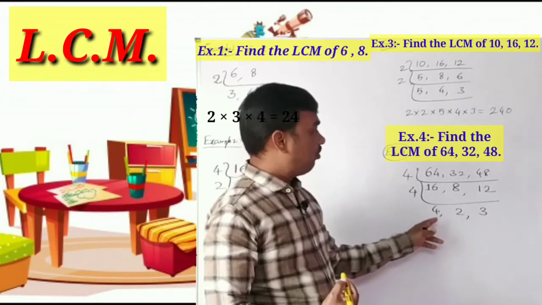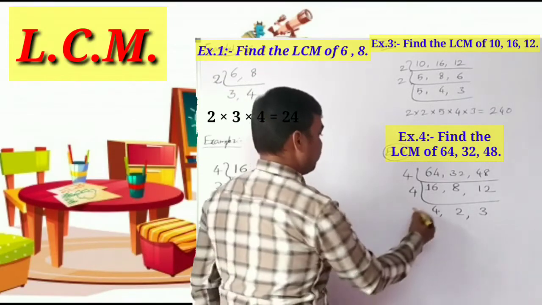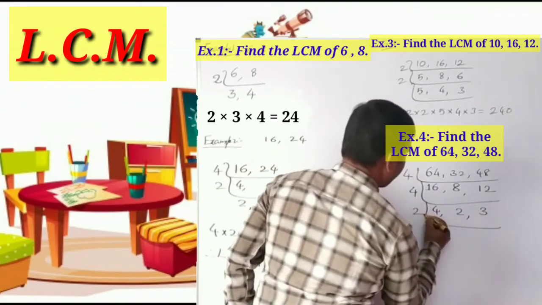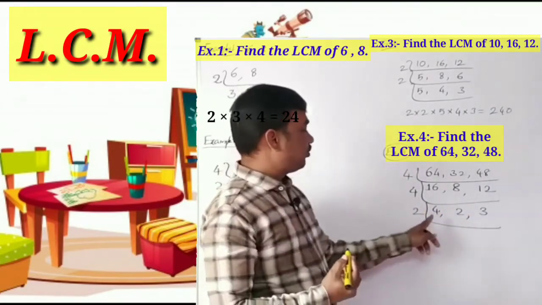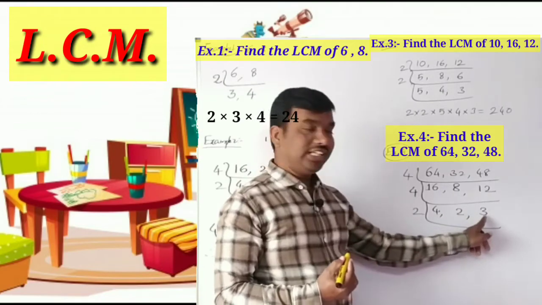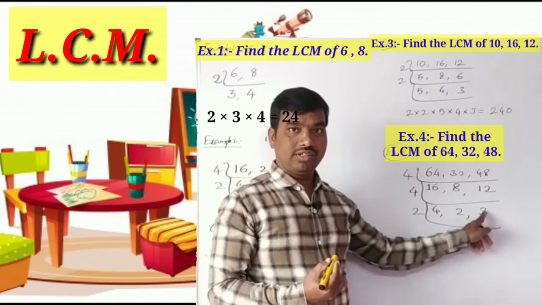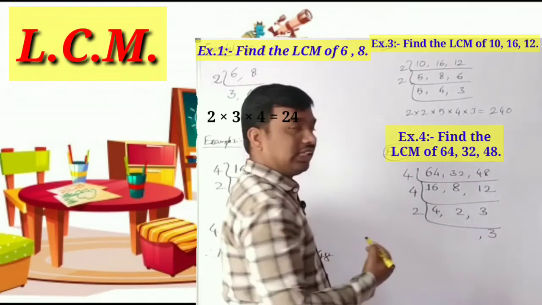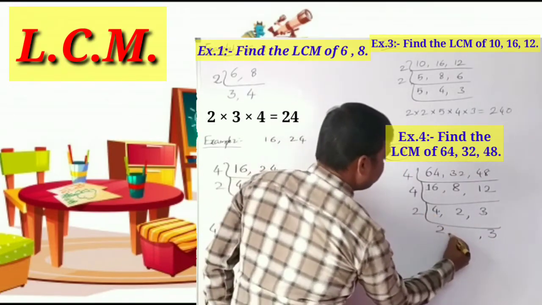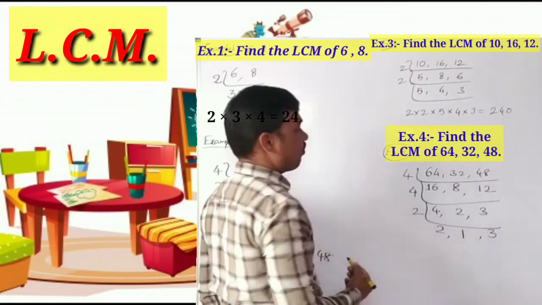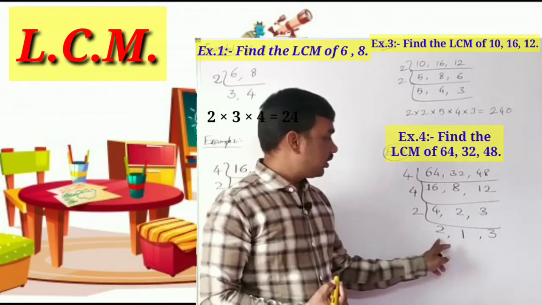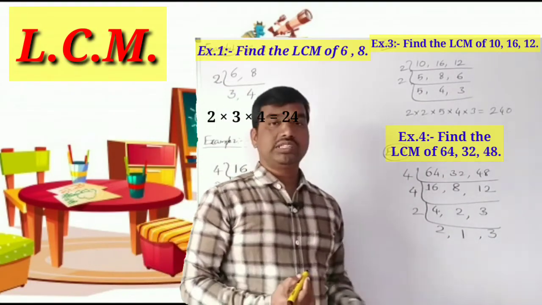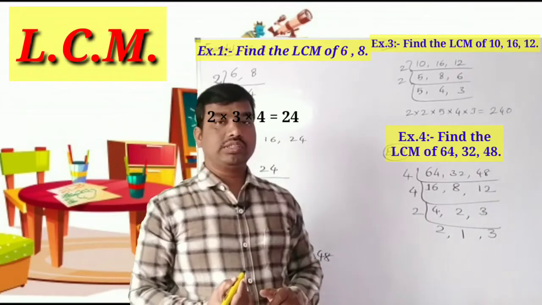Sorry, by 2. We should take 2. By 2, these two numbers are dividing, 3 is not divisible. So you write the same number 3, and 2 2s are 4, 2 1s are 2.